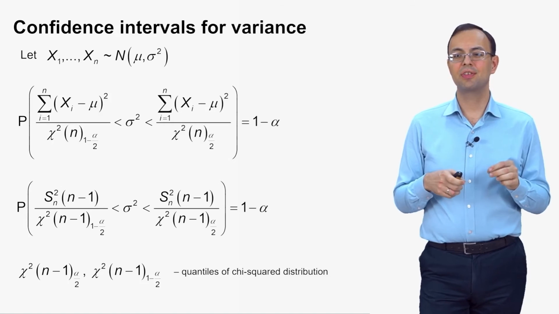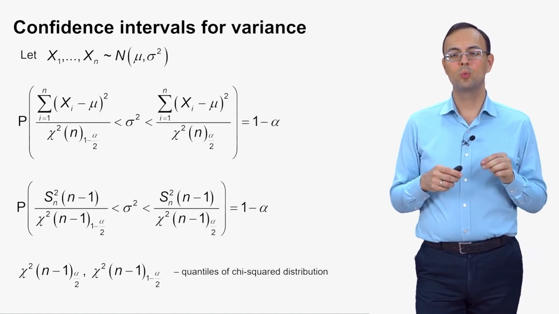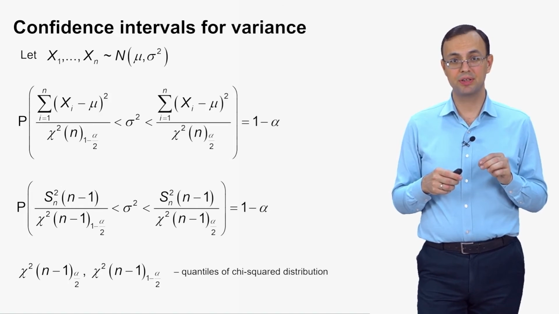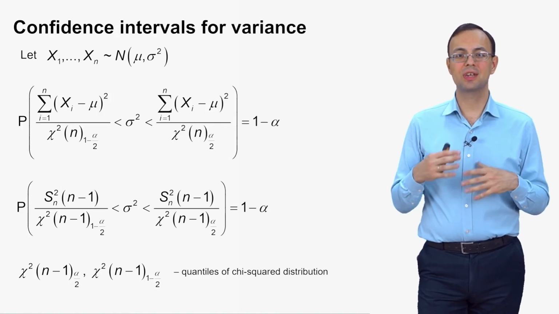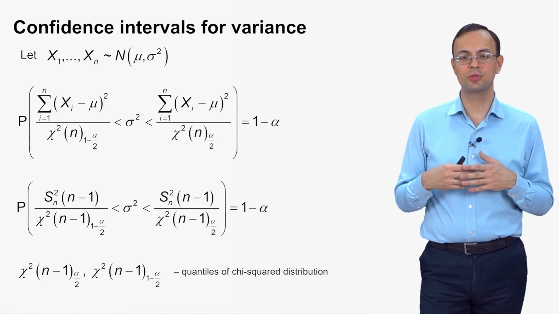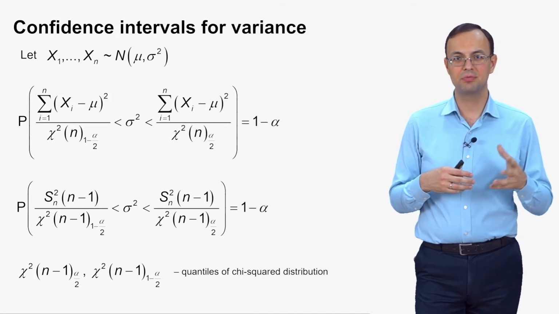So here you say that this is a quantile of the chi-squared distribution with n-1 degrees of freedom. In the previous case, there were quantiles of the Student's distribution with n-1 degrees of freedom, or m plus n-2 degrees of freedom.